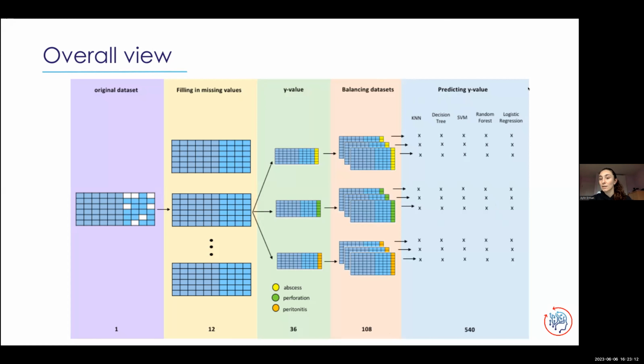We just take the end result with the highest accuracy as our final model, because we know that, let's say, if we fill in missing values in this way and we balance the data set in this way and we use this machine learning model to predict our Y values, we get the best accuracy, and we hope that it's better than what we have right now to predict the grade of appendicitis pre-surgery. So that it means that we actually contributed to something or improved something.